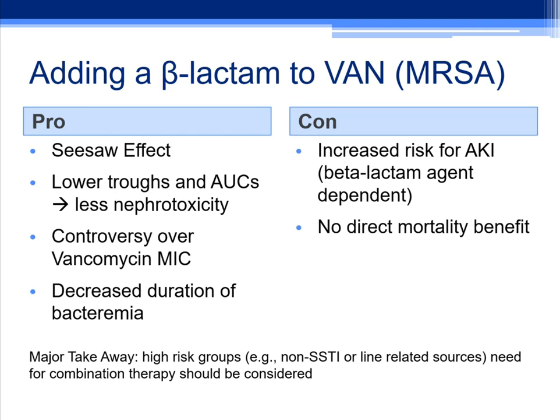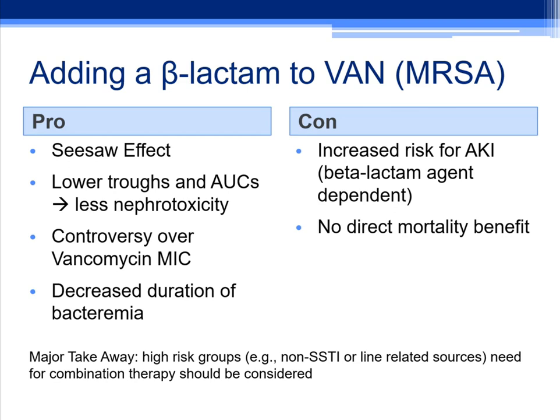There's controversy over the decreased duration of bacteremia, and controversy over VANC MICs from an overall standpoint. Some will argue that if you have a VANC MIC of 2, you should add on a beta-lactam agent, but you can still have clearance. It's just obviously at its higher breakpoint. And then the con to the decreased duration of bacteremia is there's no direct mortality benefit.